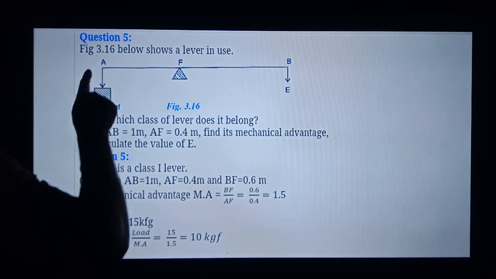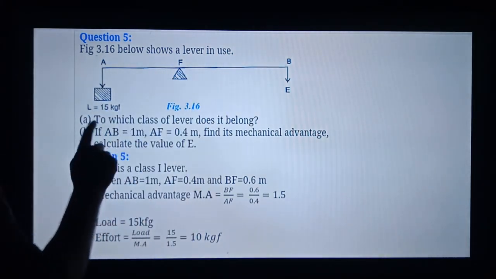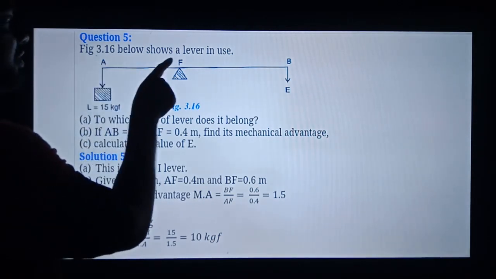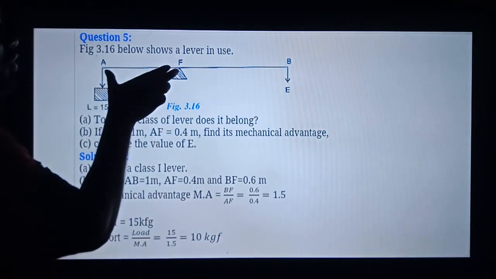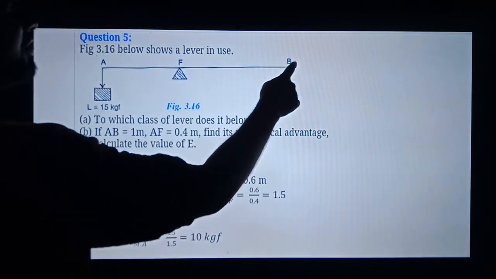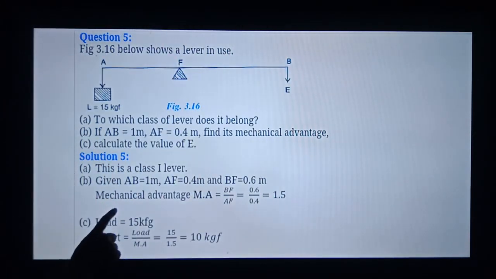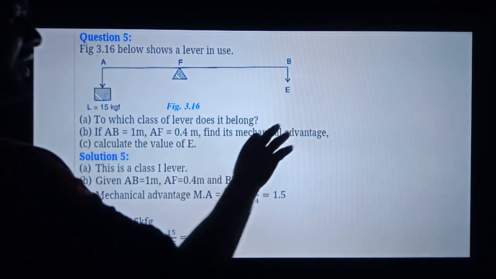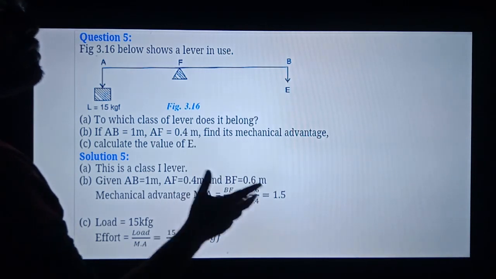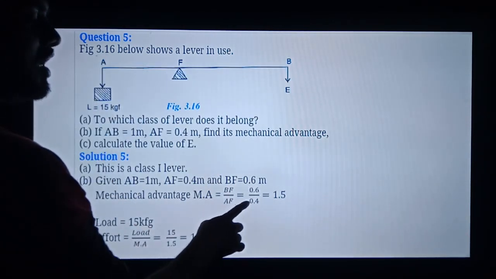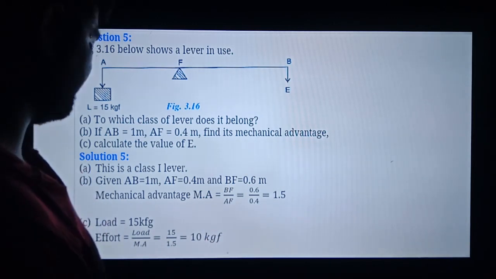If AB is 1 meter, that is 100 centimeter, and AF is 0.4 meter, so BF will be 0.6 meter. We have to find the mechanical advantage. So mechanical advantage is equal to effort arm upon load arm. Effort arm is 0.6 and load arm is 0.4, equal to 1.5.